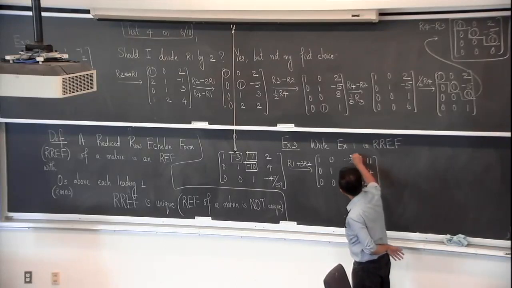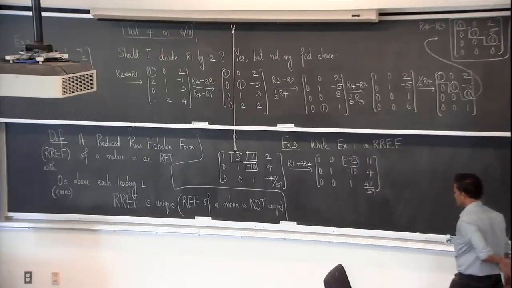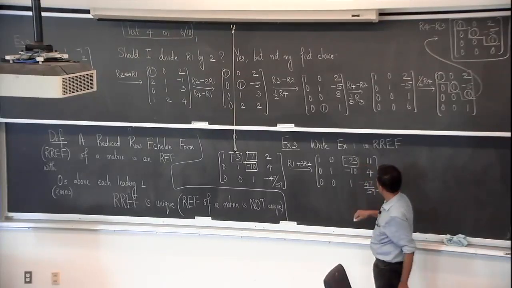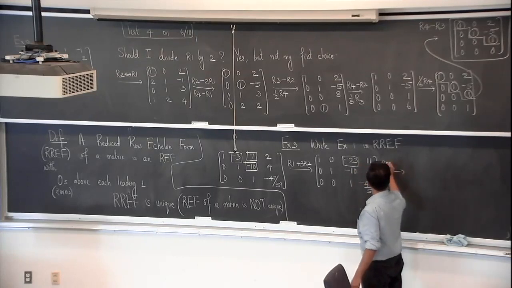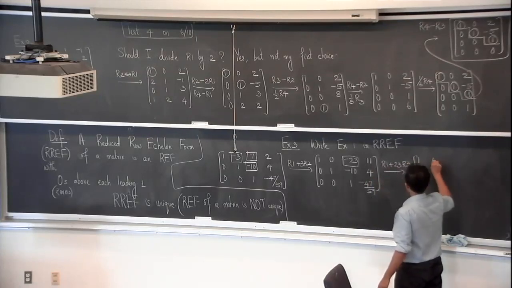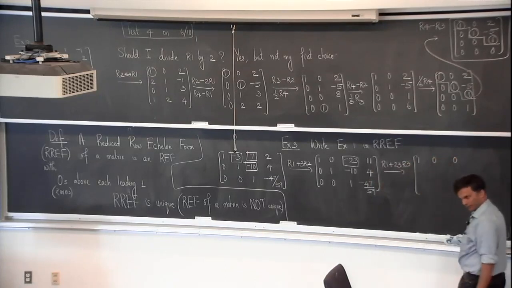Now we need to make these two equal to 0. Let's start with one at a time. Okay, let's not do too many things here. How do we make this a 0? Anyone sitting here can? All right, so R1 plus 23 R3, and that gives you 1 0 0 and some number.